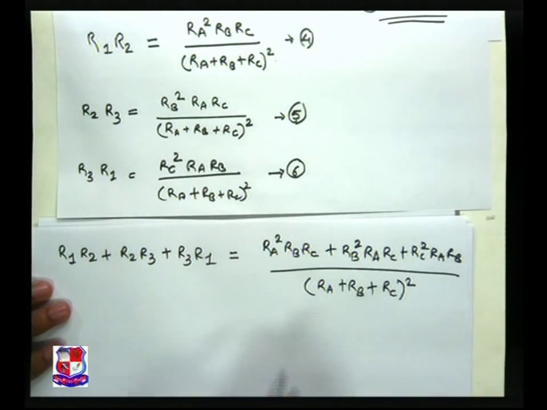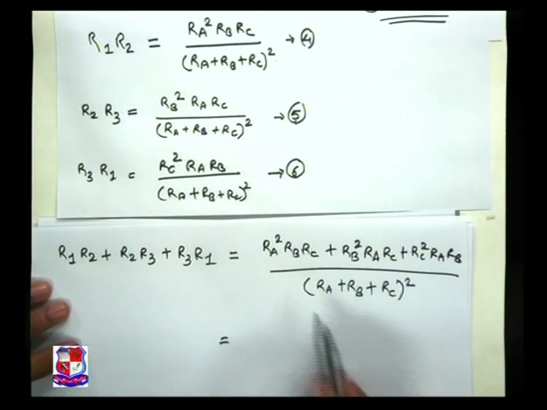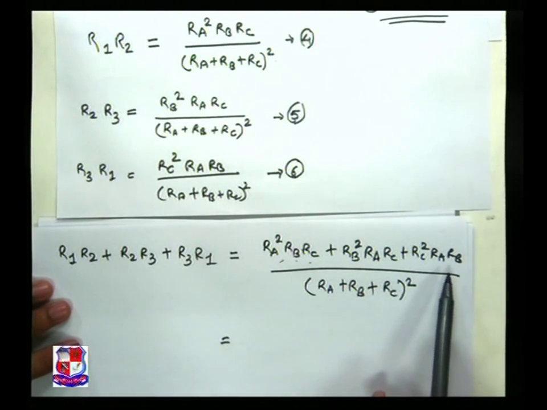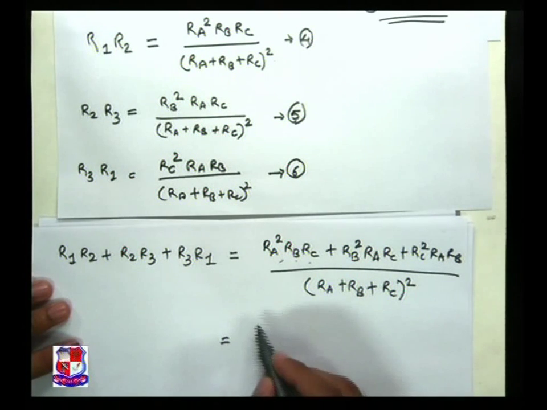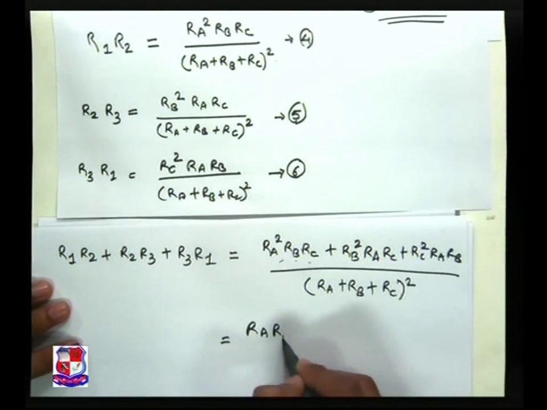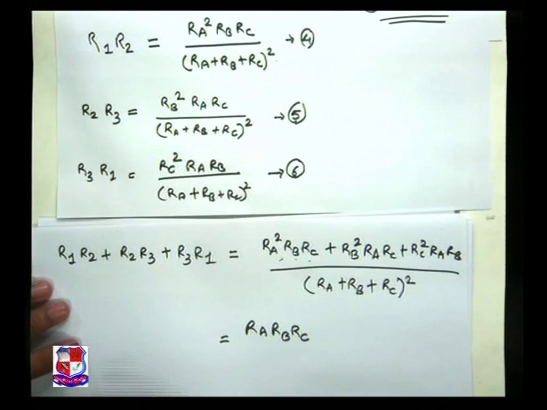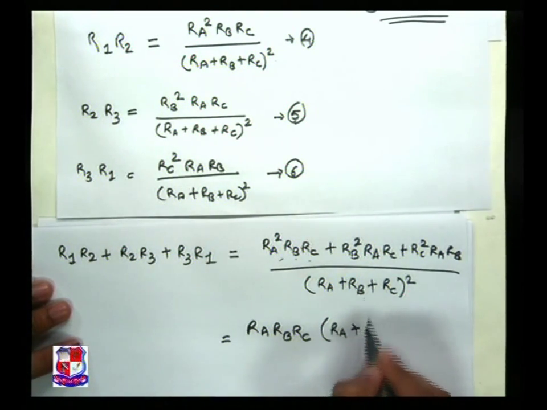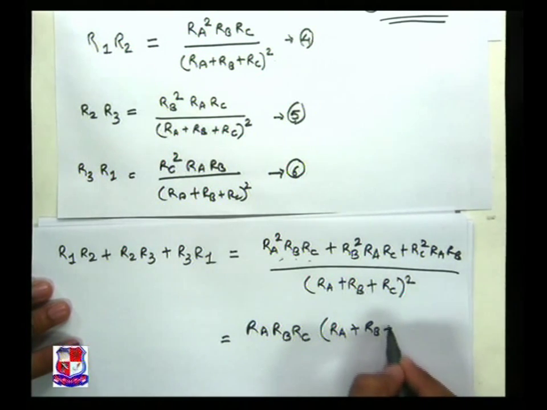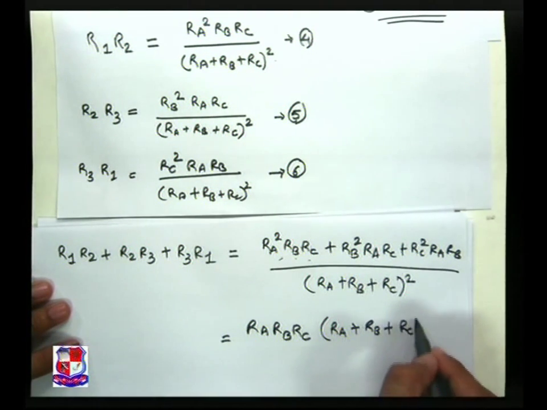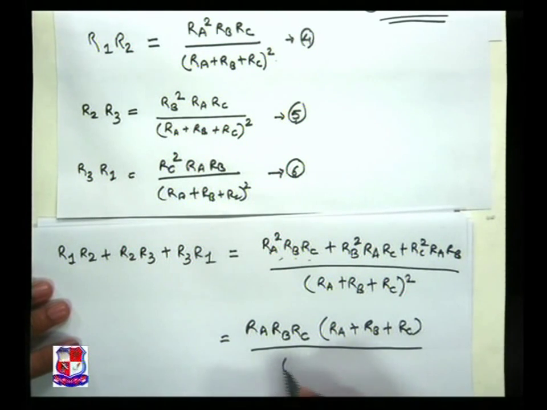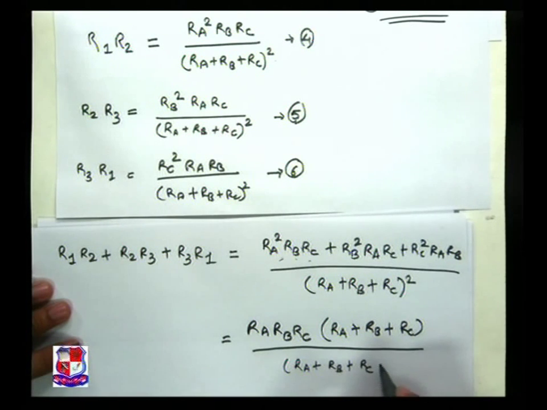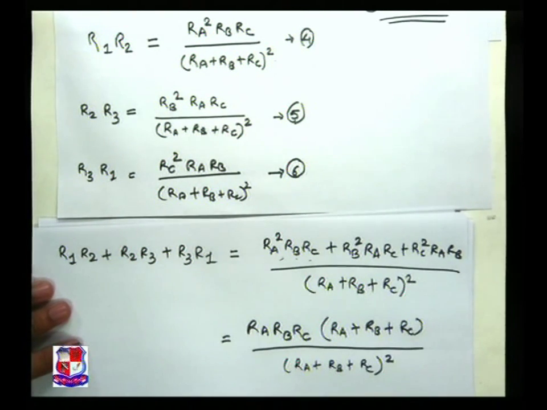It is taken as the denominator LCM. Now in the numerator part there are RA, RB, RC in 3 terms. Then we take out the common RA, RB and RC. So in the first term RA remains, in the second term RB and in the third term RC. Denominator RA plus RB plus RC bracket square.